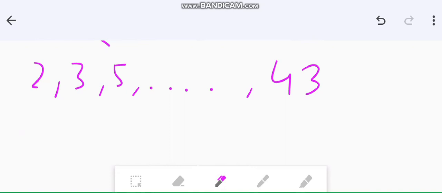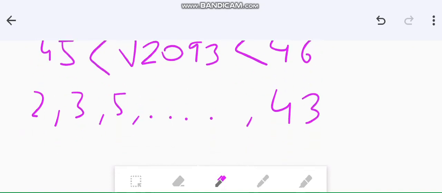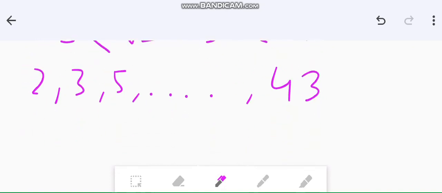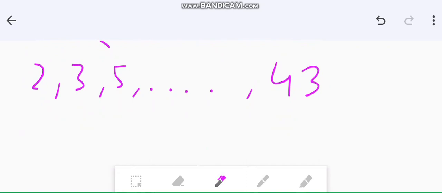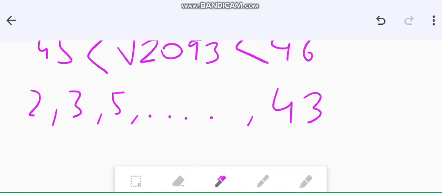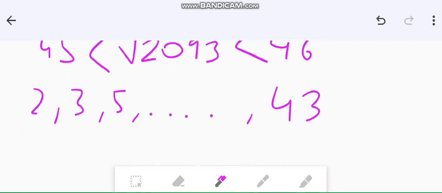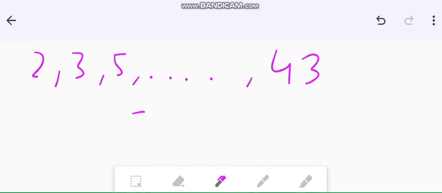Now see the first prime which divides 2093. If you see, 2093 is actually divisible by 7.